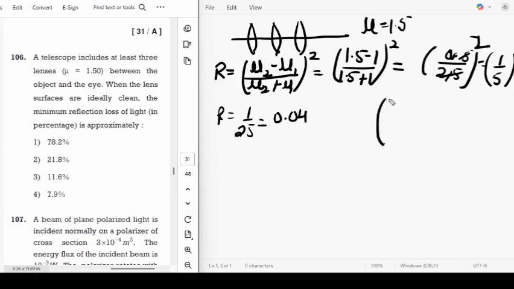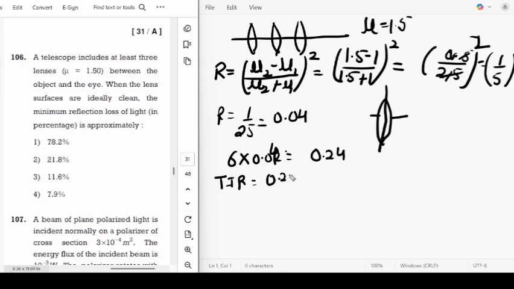In a lens there are two surfaces, one is this and another one is this. So in total there are six surfaces. 6 into 0.04 comes out to 0.24. So the loss of energy due to reflection is 0.24 into 100%, that is equal to 24%.